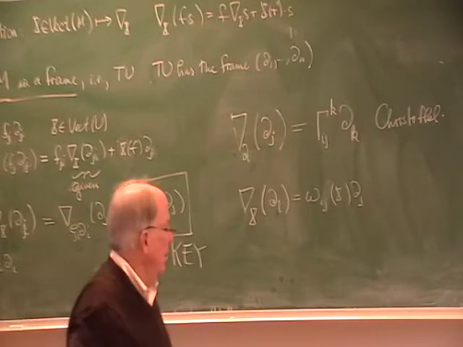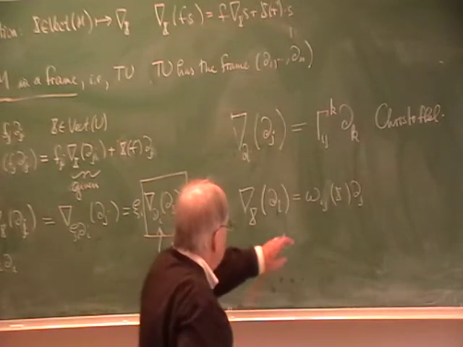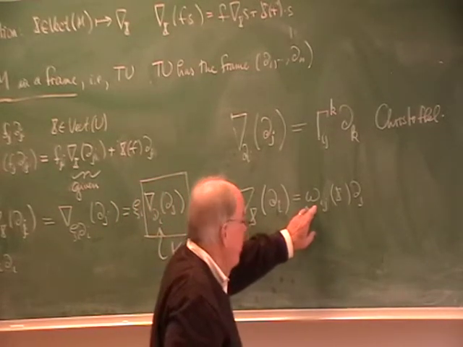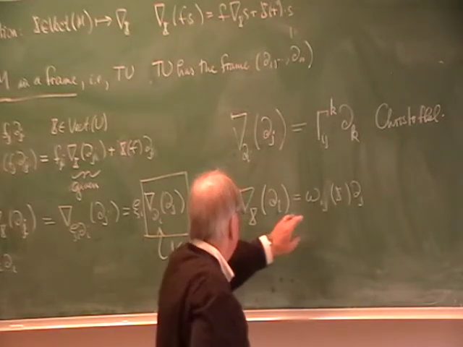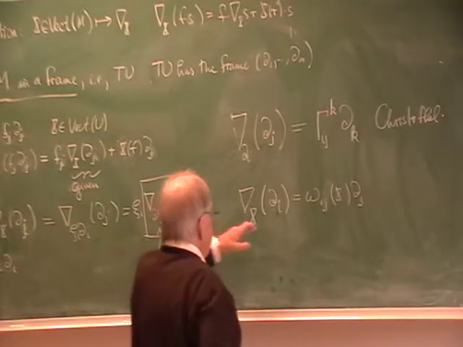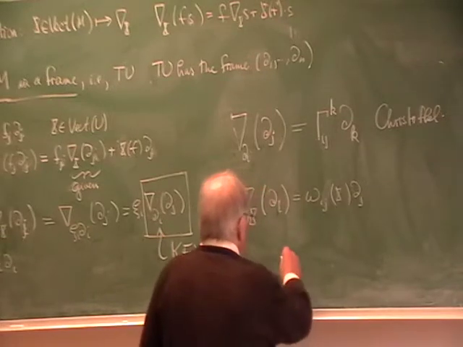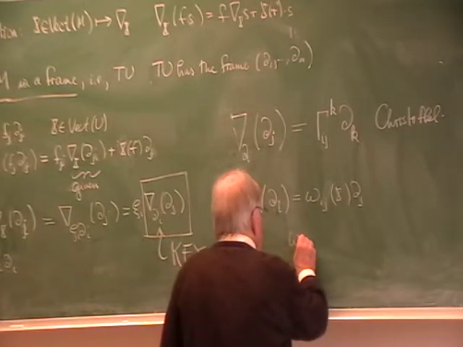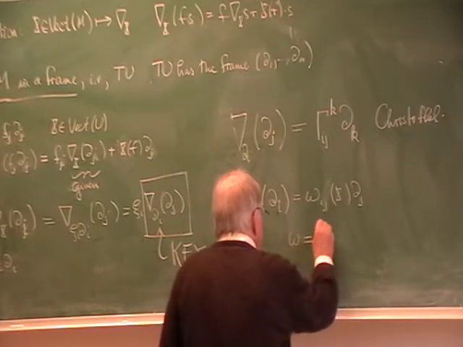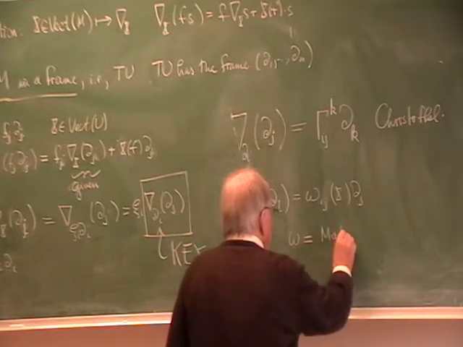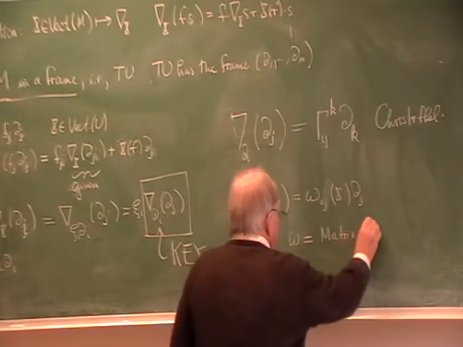Okay. Right. So do you see what's happening here? You apply something to x, which gives you these coefficients here. So omega is a matrix of one forms.